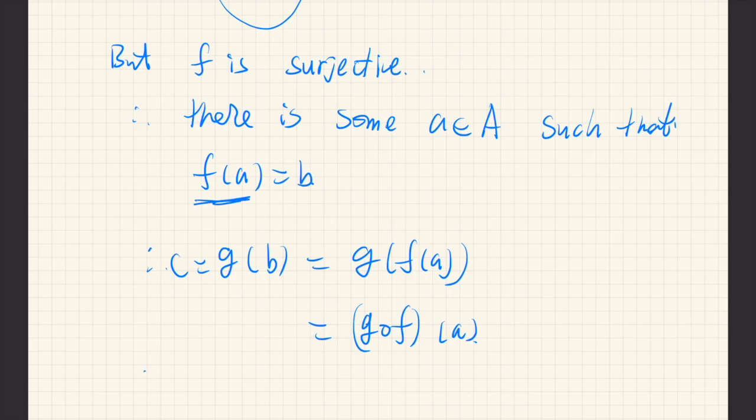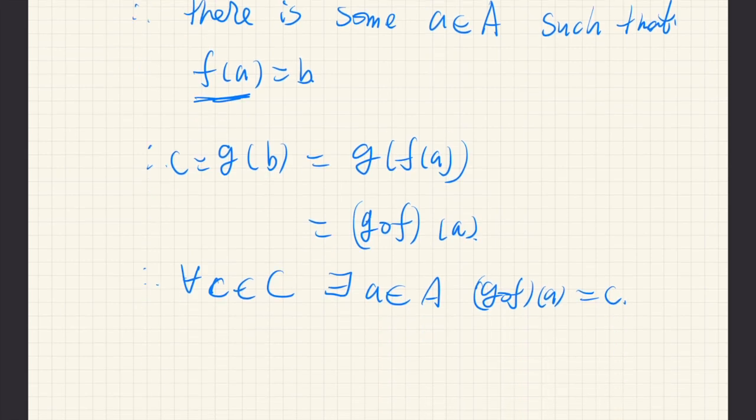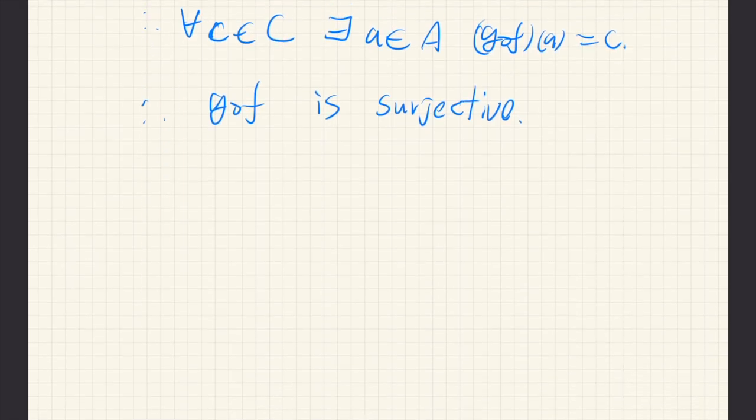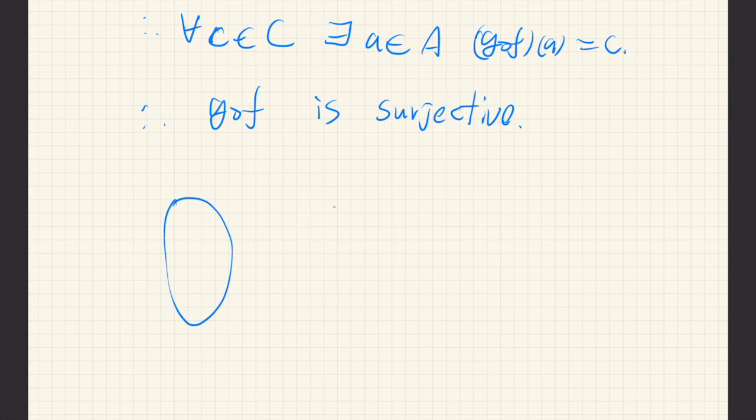So therefore, for any element in C, there exists some a such that g after f of a is equal to c. Therefore, g after f is surjective. And we're done.